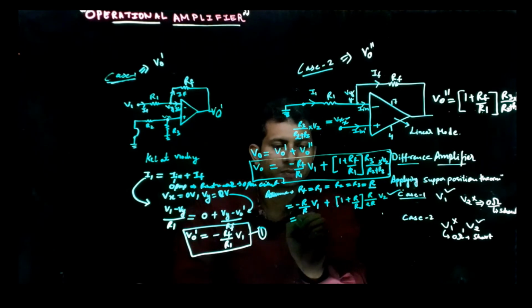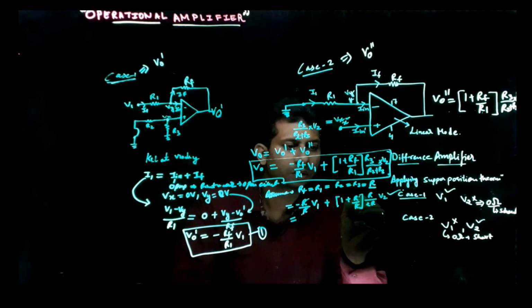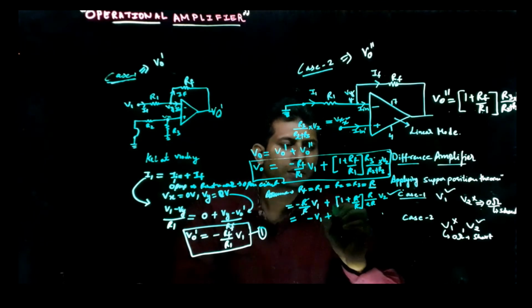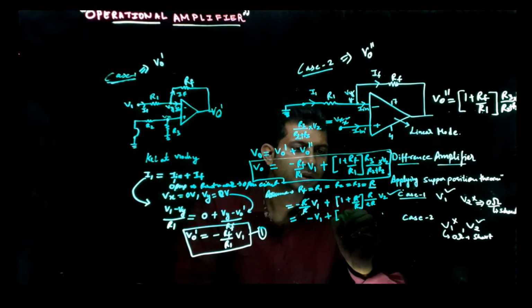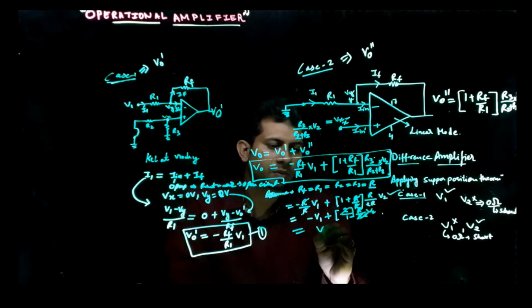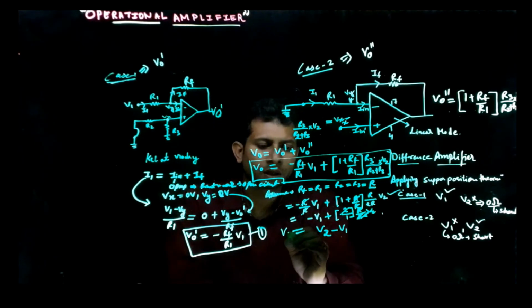We again simplify, and these values will cancel out. The 2 cancels out by 2, and what we remain with is the simple value V2 minus V1, and this is V out.